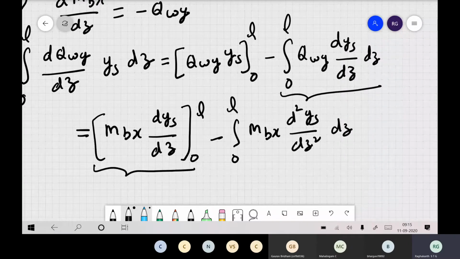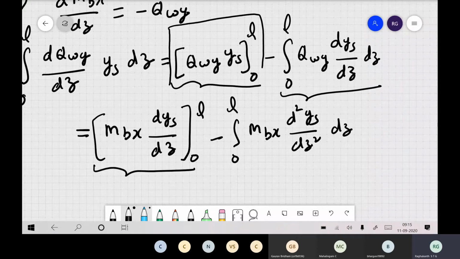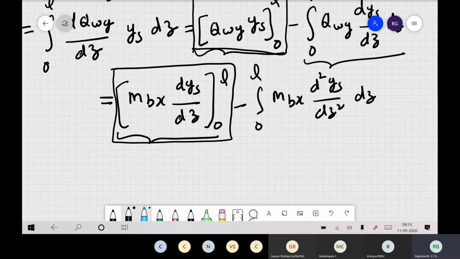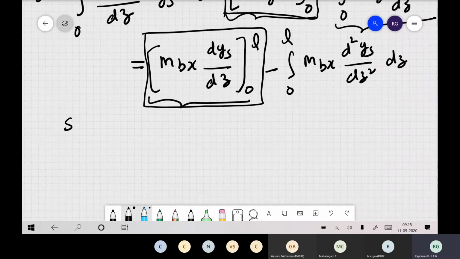Now if you look at these two terms, what will be the value of these two terms? This is nothing but the shear force and displacement at 0 and L. And this is nothing but your bending moment and the slope at 0 and L. What will be this quantity? Suppose you take simply supported ends.